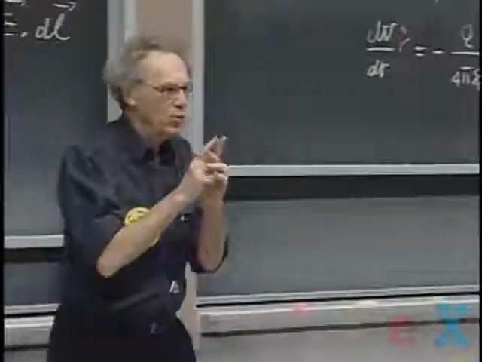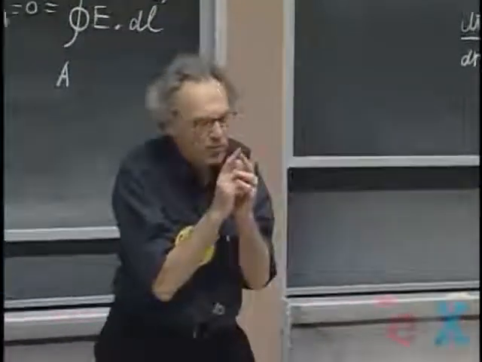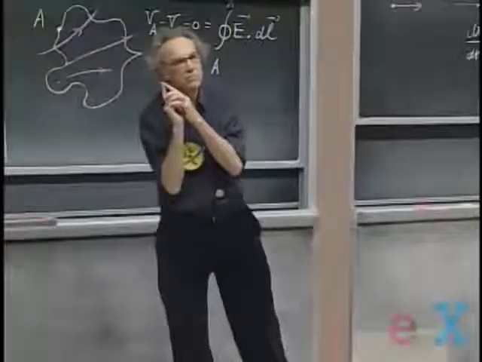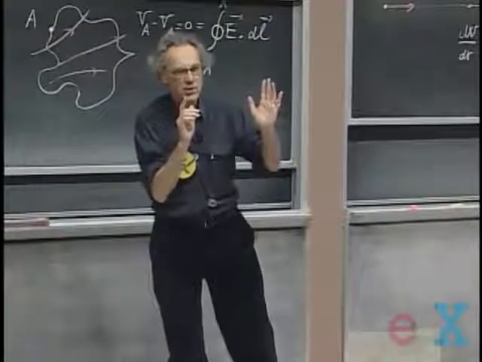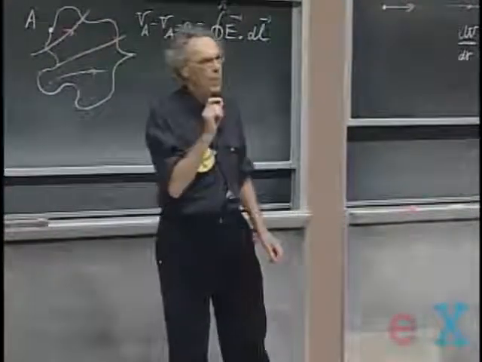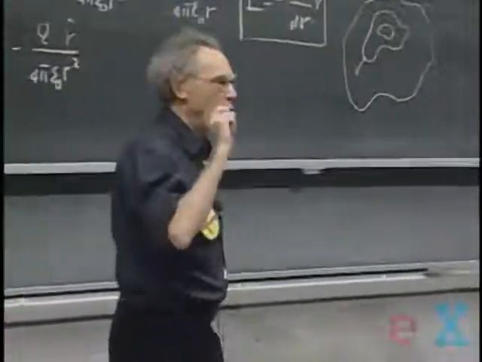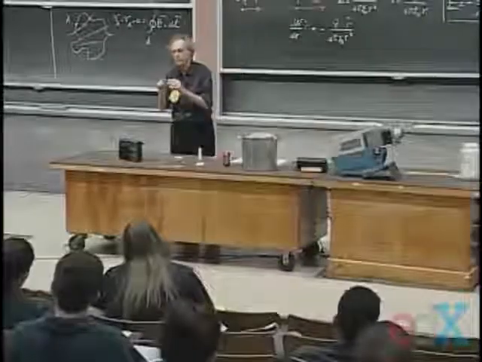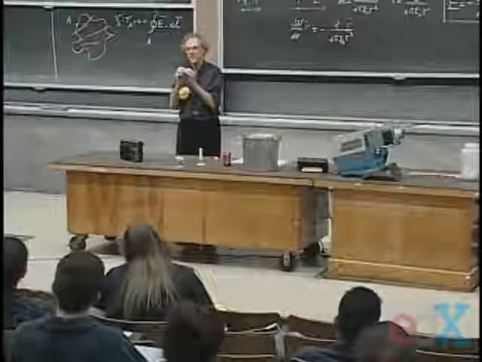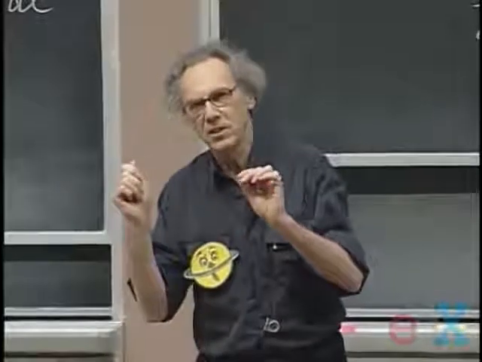And now what I'm going to do, I'm going to make an extremely small step only in the x direction. Not in y, not in z, only in the x direction. If I measure no change in the potential over that little step, it means that the component of the electric field in the direction x is 0.